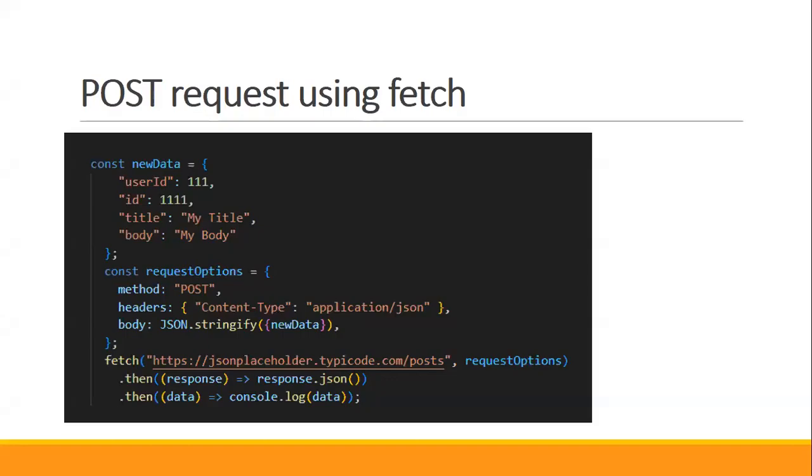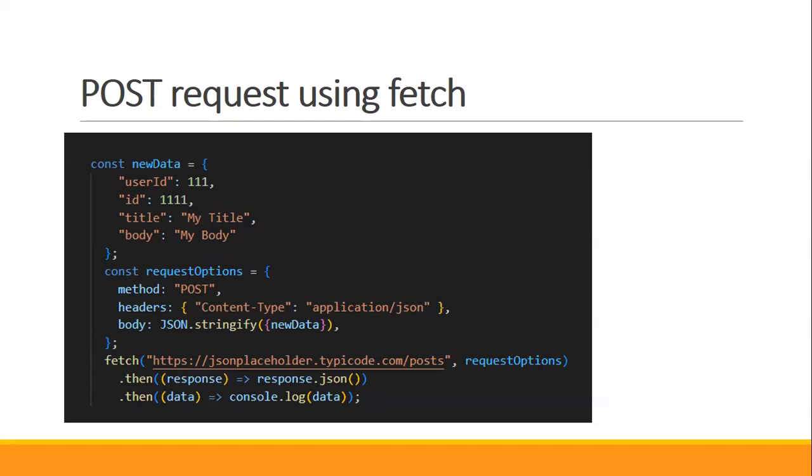So in this video, we are going to learn how to make a POST request using fetch. In a previous video, we understood how exactly the fetch API works internally, how it gets executed, what other options are available, and we saw the GET method.